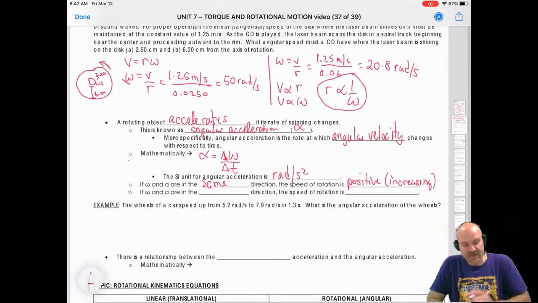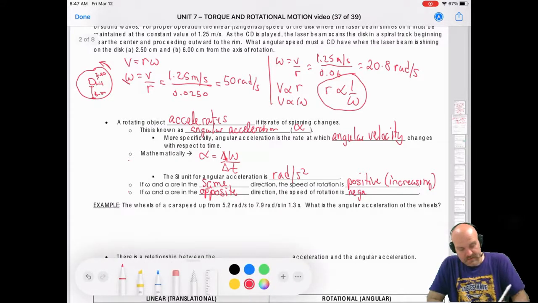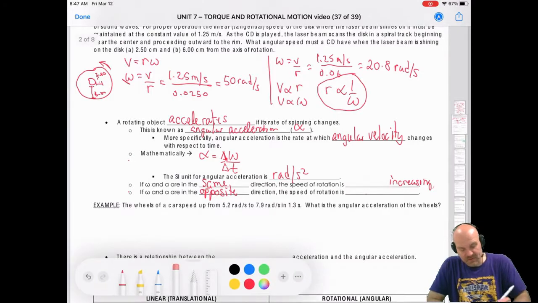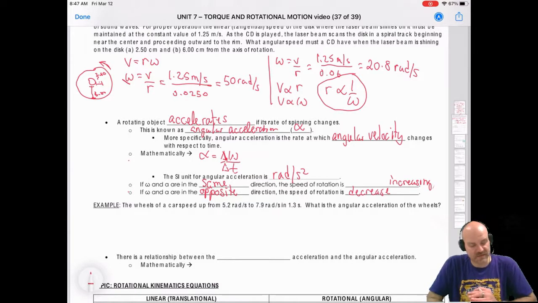And if they're in the opposite direction, the speed will decrease. Just like with linear, if they work with each other, the speed is going to increase. If they work against each other, it's going to decrease.